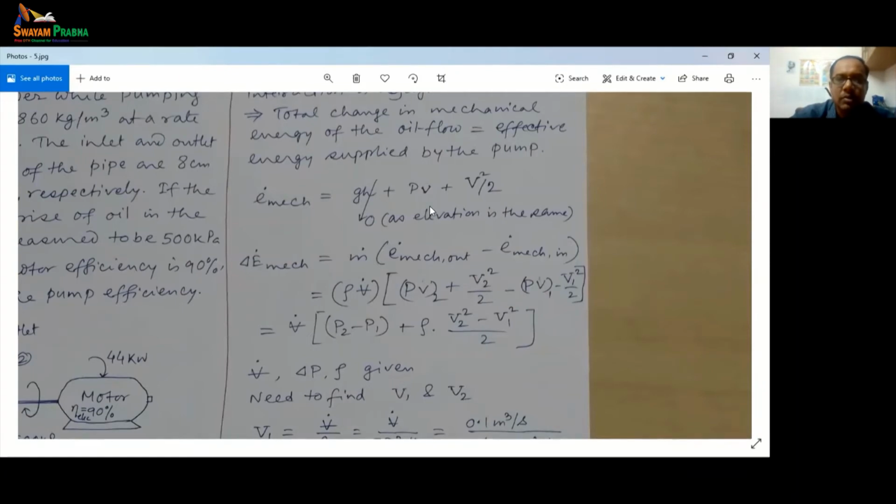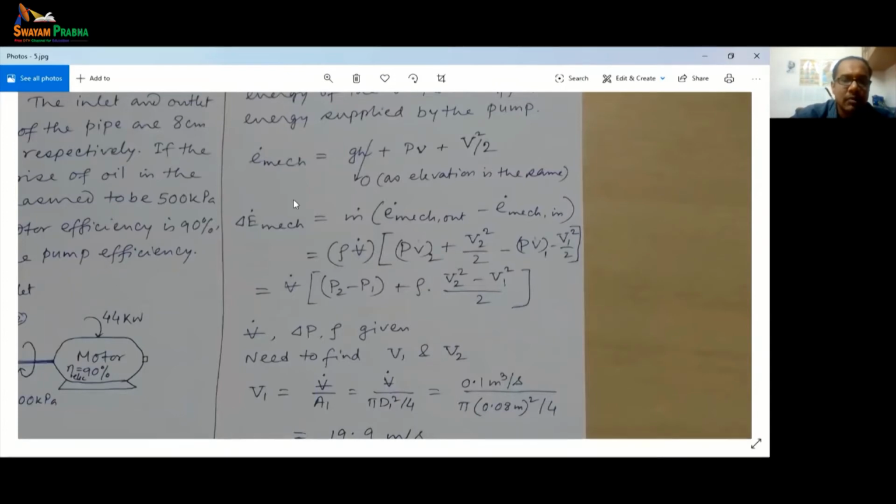So what we will take, the e mechanical will be pressure into specific volume plus velocity squared by 2. Now the change in mechanical energy of the flow, that's what we are interested in.